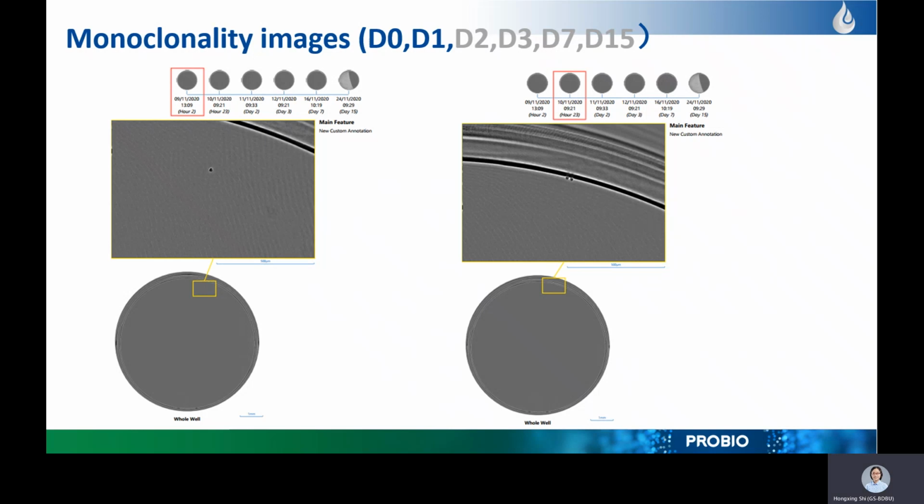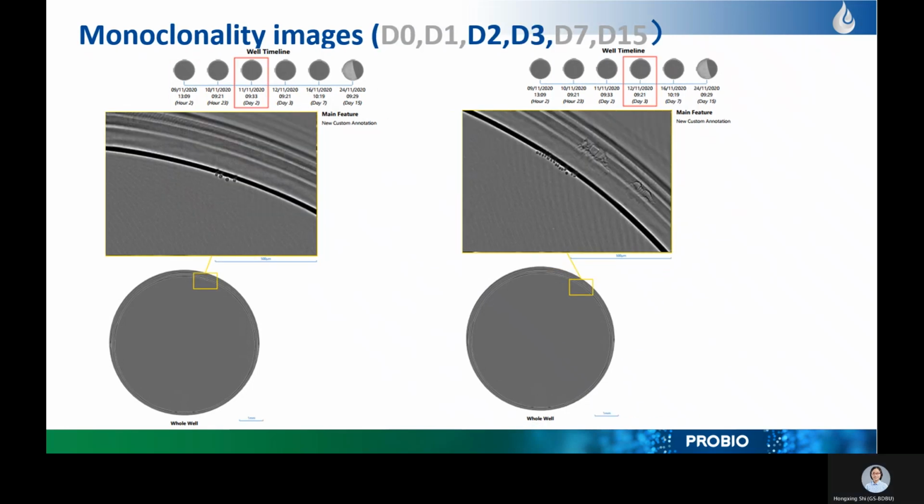The first image is on the day of plating, we can see 1 cell in the well, and the second image is 24 hours later, there are 2 cells. The left image is 48 hours later, and there are 4 cells in the well. The right is a picture of the cells on the 3rd day after plating.